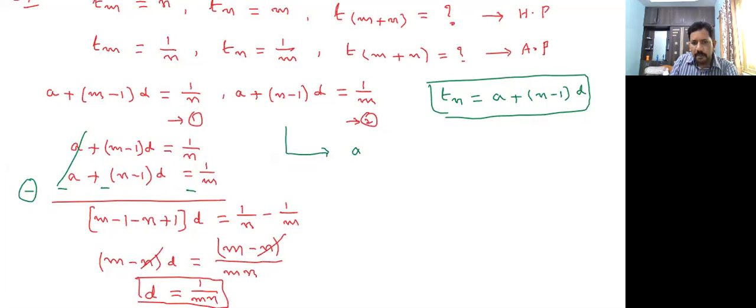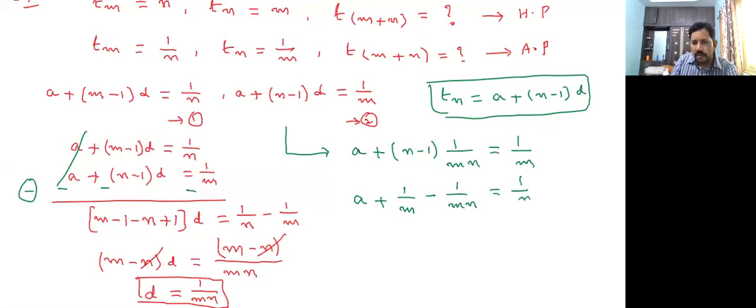See, a plus n minus 1 into d, d means 1 by mn, that is equal to 1 by m. a plus, multiply here n into 1 by mn. n, n cancel, we get 1 by m, minus 1 into 1 by mn, 1 by mn, that is 1 by m. 1 by m cancel. Now what is a value? 1 by mn. We got a value also.